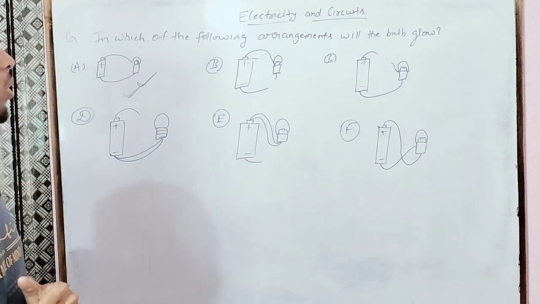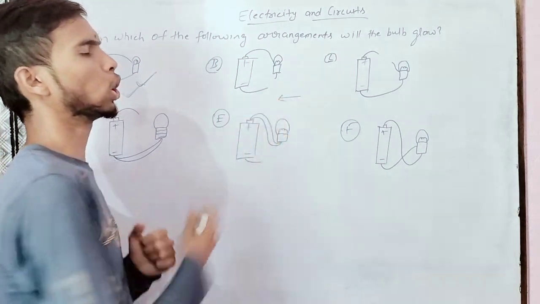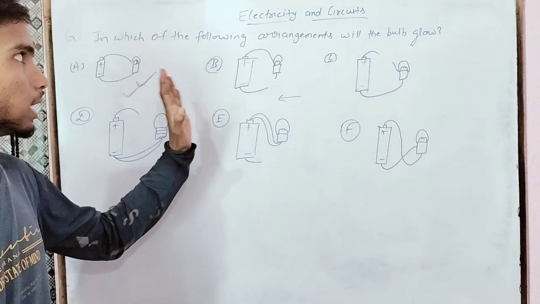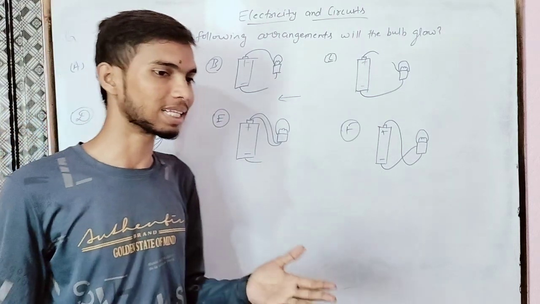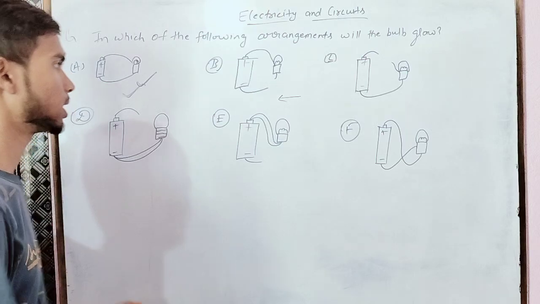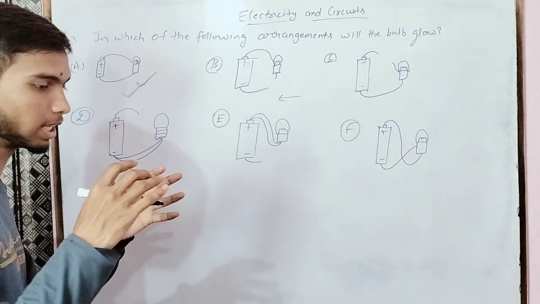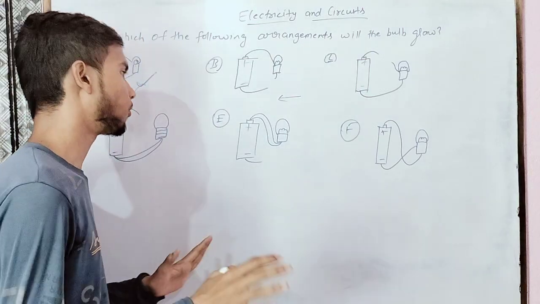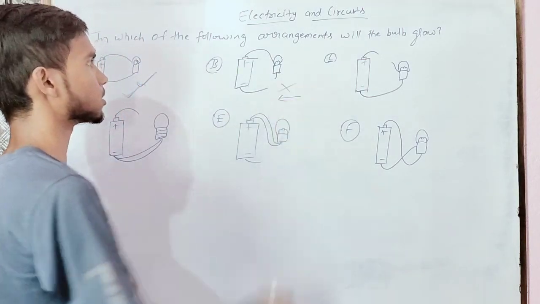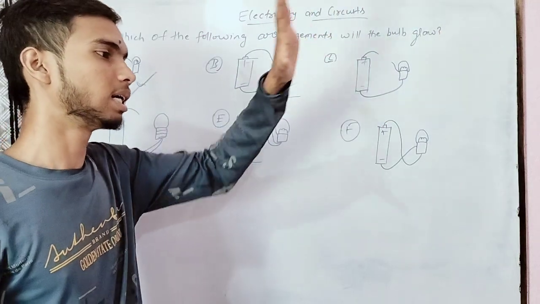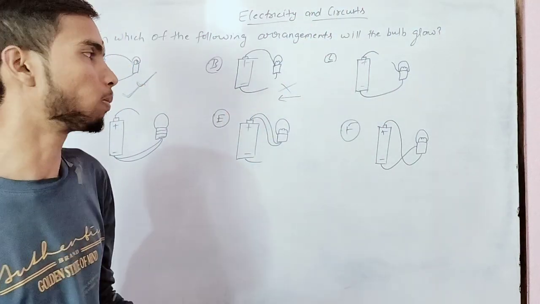Now in this first of all, this figure is telling that this is not a closed circuit. This is an open circuit. When there is the word open circuit, we can say the bulb will not glow. So in this figure the bulb will not glow because the electric circuit is an open circuit.